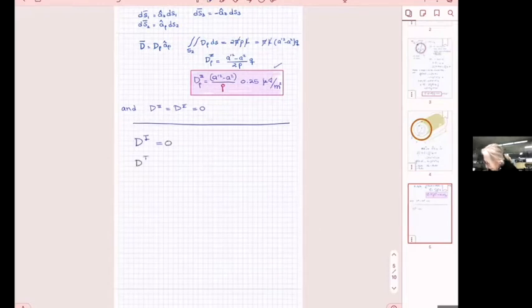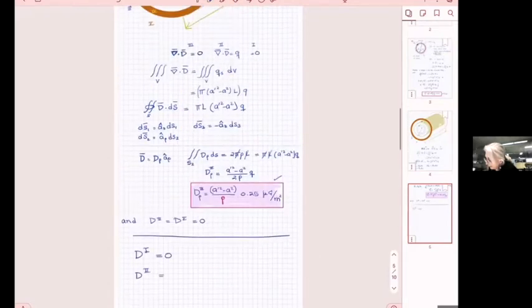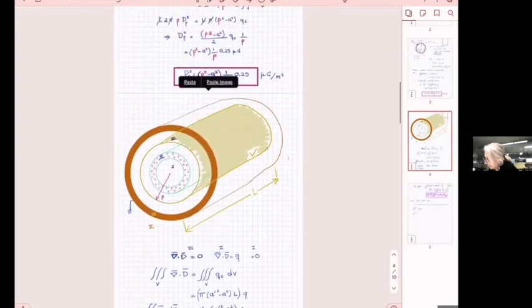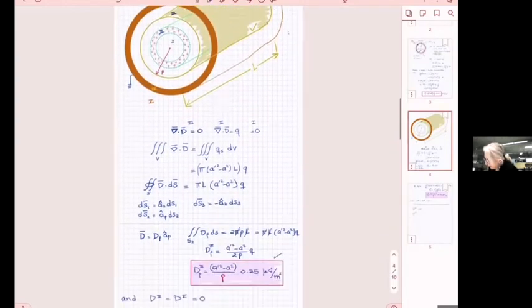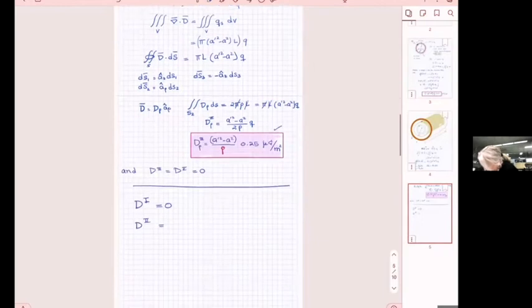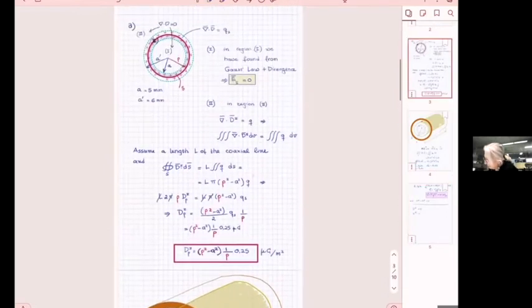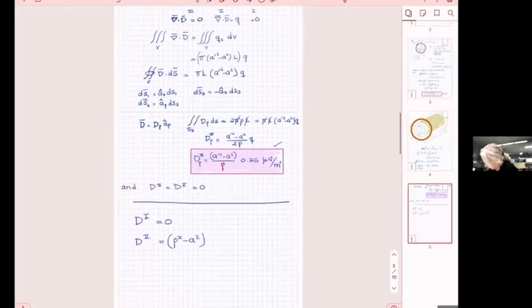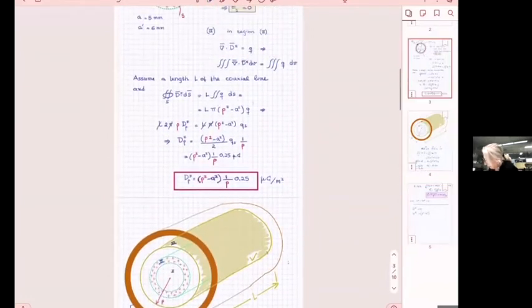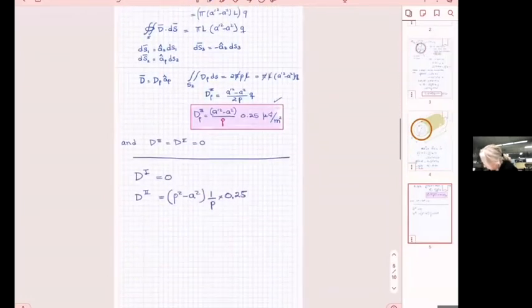D in region 2 equals rho square minus alpha square, 1 over rho, times 0.25, and that was in microcoulombs per meter square, which are the units for this.